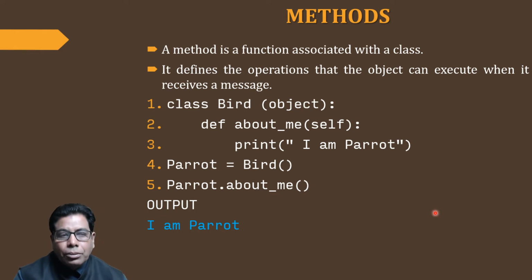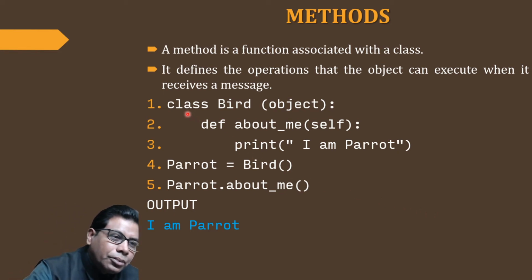Now in this code, we first define the class bird, and then we create an object parrot from this blueprint. Then we call our custom method, that is about me, with the object, that is parrot. Let us see how we can do it.